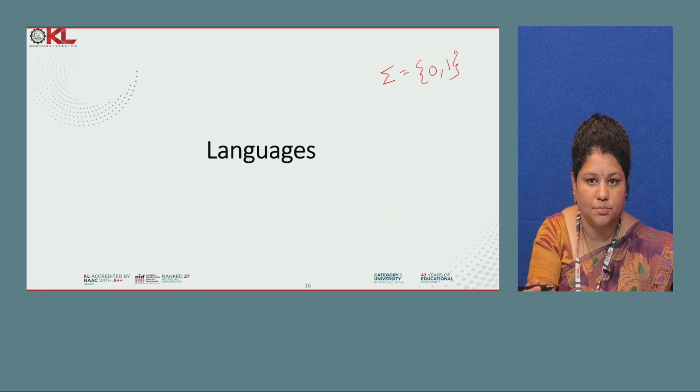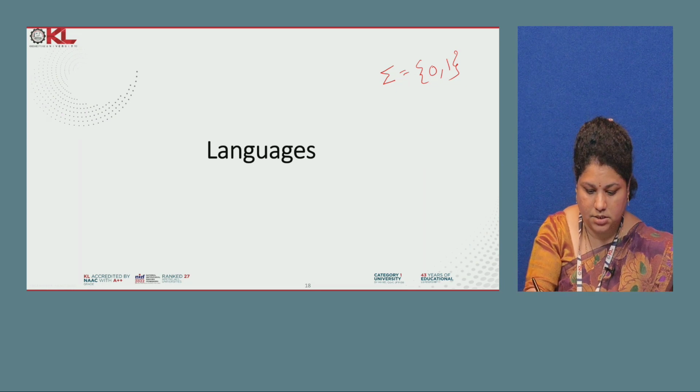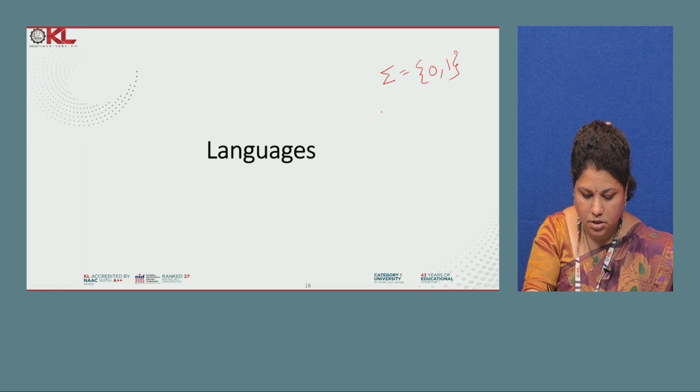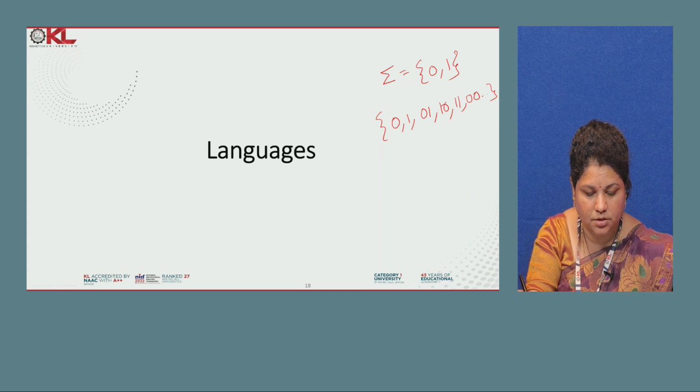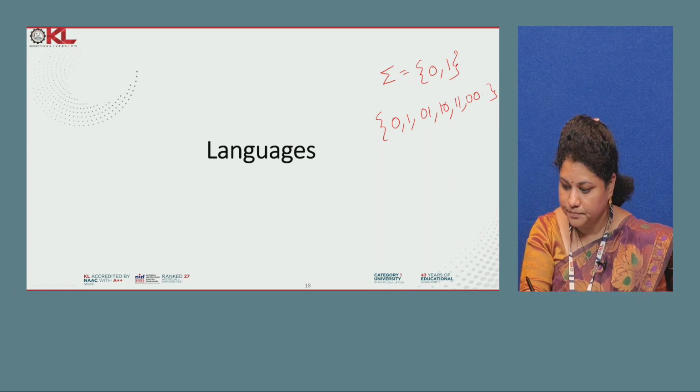So how can the string be generated? Let's see. From the given input, strings can be generated such as 0, 1, 0, 1, 1, 0, 1, 1, 0, 0. In this way the strings can be formed.